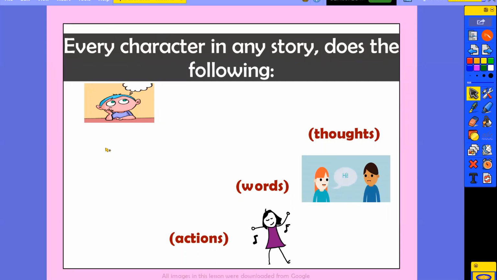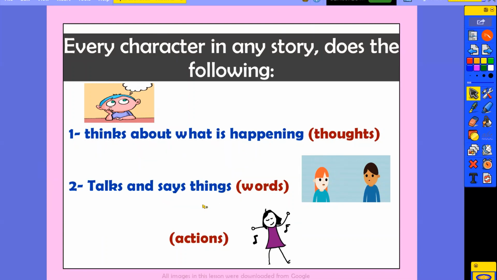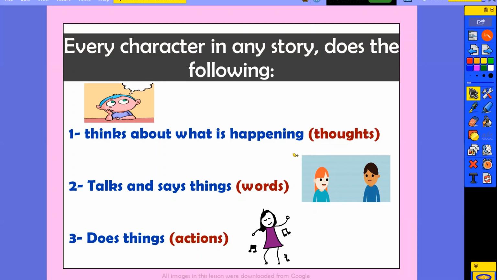So we know that our characters in our stories do different things. They think, they have thoughts, which means that they think about what is happening. We have some words that they say. It means they are talking and saying things. And we have some actions that they perform, which means that they do things, just like these animated pictures in the slide.